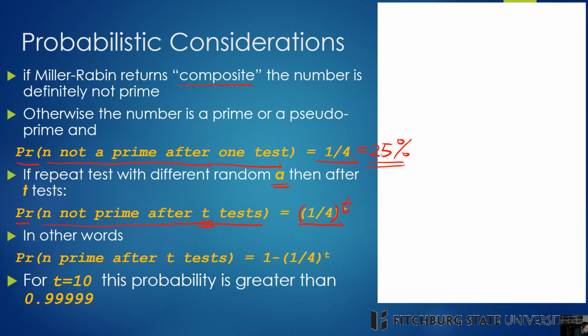What does that mean? If I use Miller-Rabin 10 times, let's say t equals 10, the chance that n is not a prime after 10 tests is 1/4 to the 10.